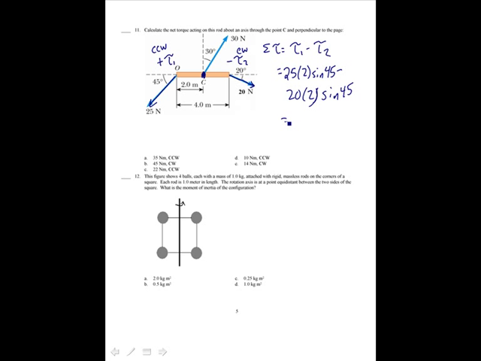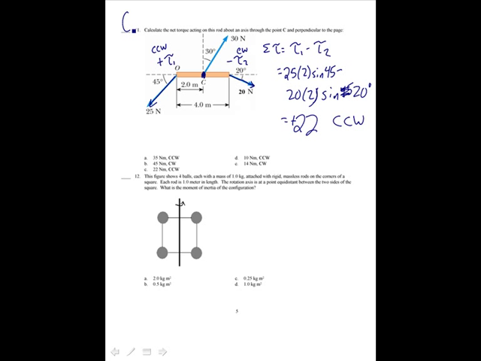Oh, I'm sorry, I have a mistake here. This should be sine of 20 degrees. So that's 50 times sine of 45 minus 40 times sine of 20. And I get 21.6. That's 22. It is positive, so that means that it is counterclockwise. So that answer is C for number 11.